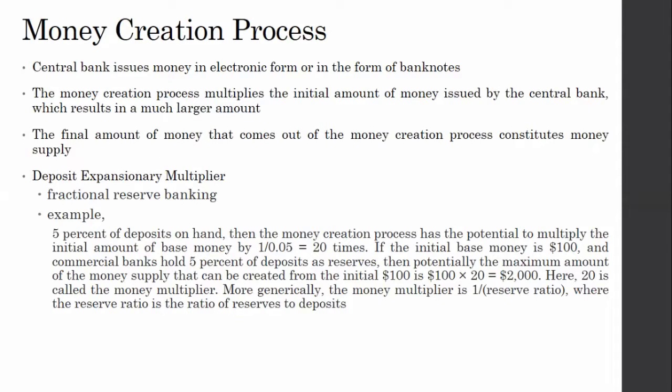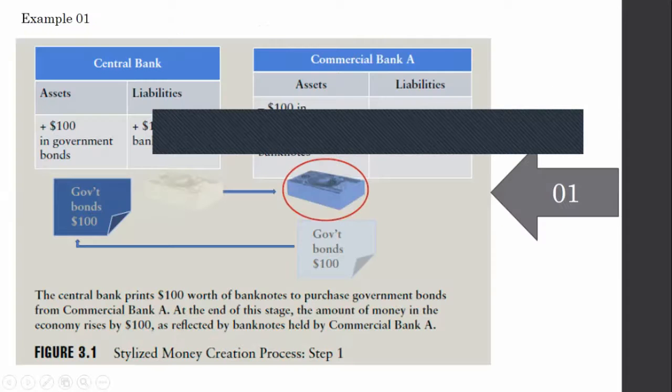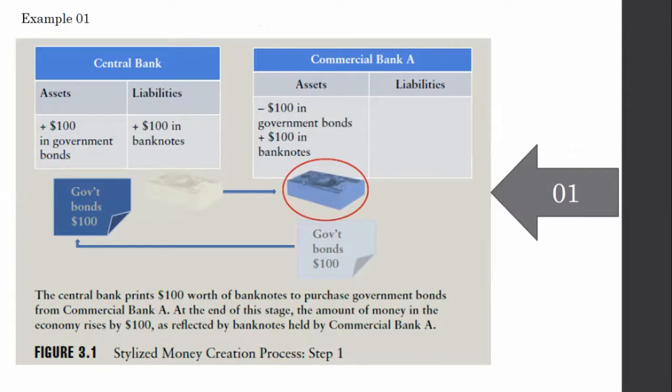This multiplication happens because of the money creation process. So let's discuss it using an example. This is example 1, and using several steps, we will discuss how money is created.